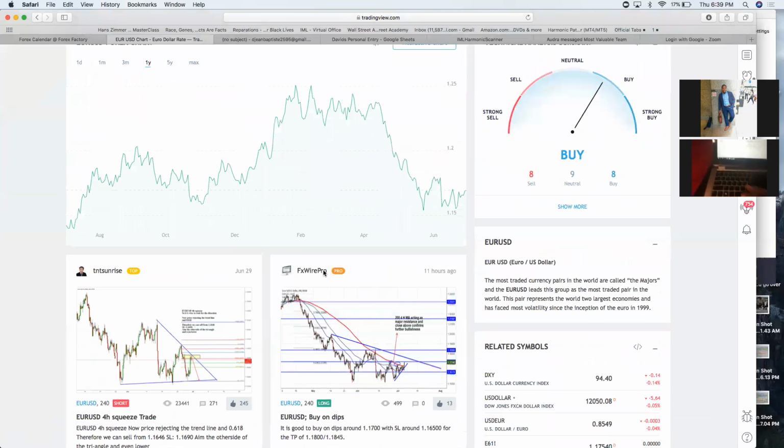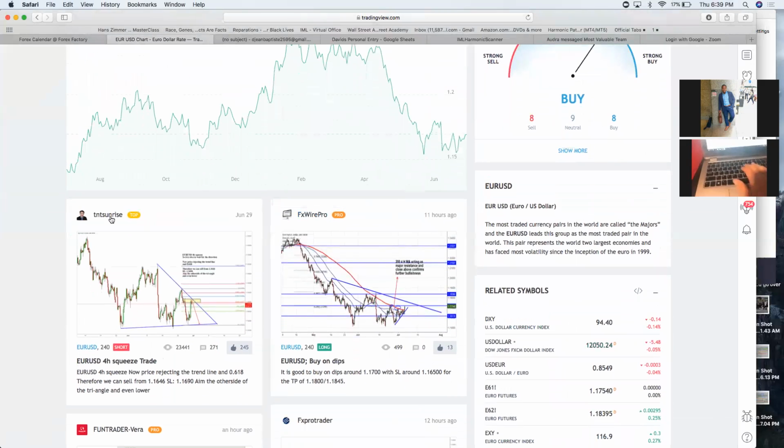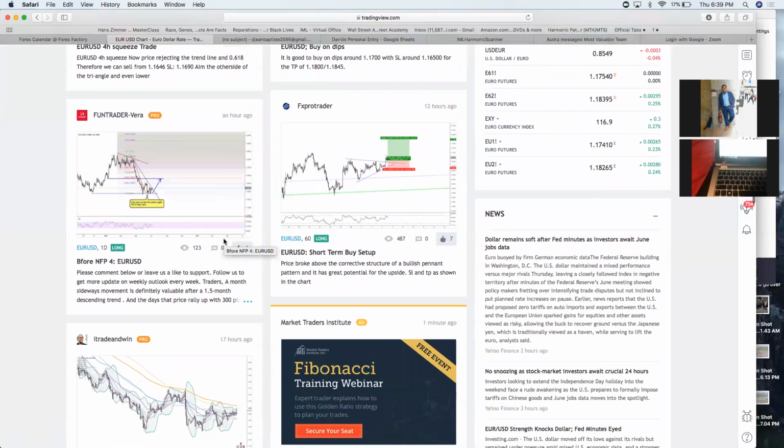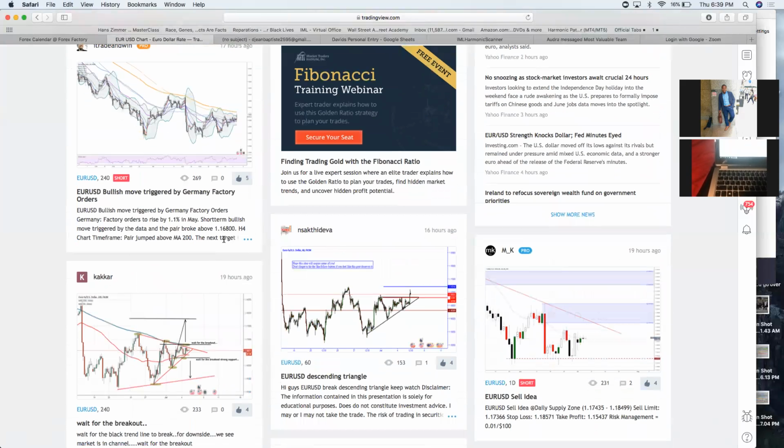So when you scroll to the bottom, all the assessments, all the individuals that were giving out the assessment, now everything is wired to one pair, which is euro USD. So on this page, you're not going to be looking at BTC USD or GBP AUD. All the assessment and analysis that people give is going to be based off of euro USD.